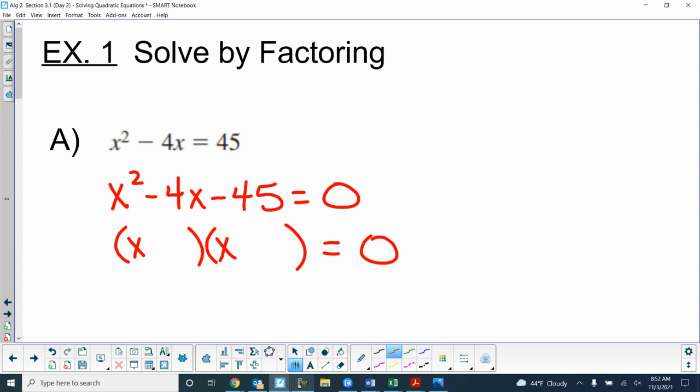Now I think about the factors of the c value, the negative 45. What times what is negative 45 and added is negative 4? What are they? What's the right set? I'll write them all out if you want. Yeah, good.